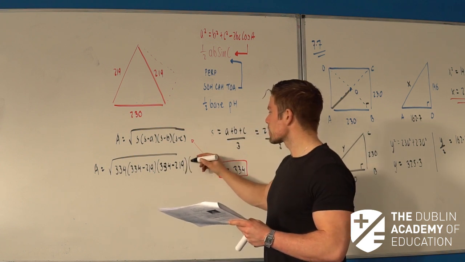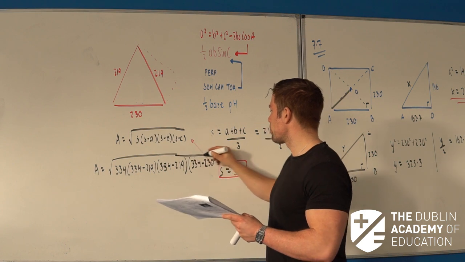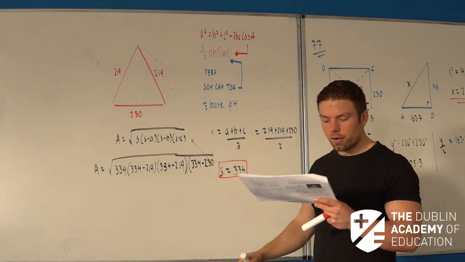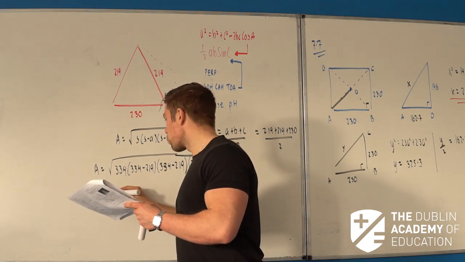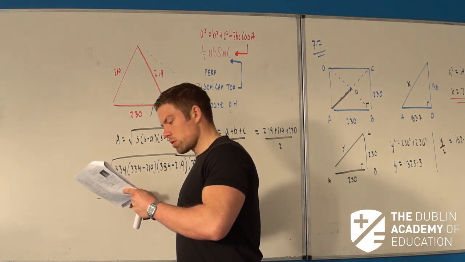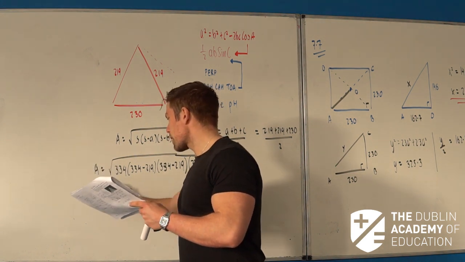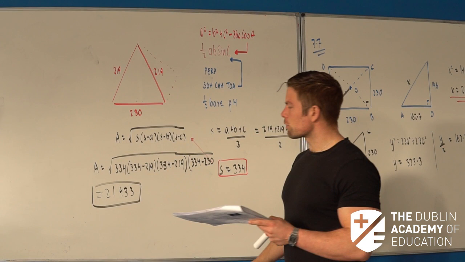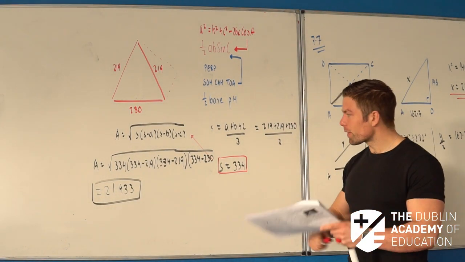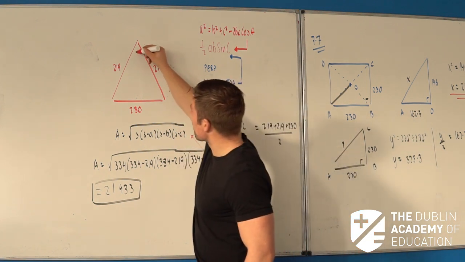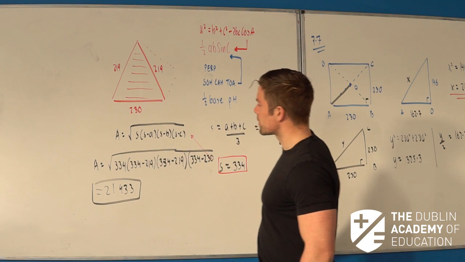And then S again, minus C. Put that all into your calculator in one go, and you get 21,433. Can't read my own writing there. 21,433. That's not the answer to the question, but that's Heron's formula. That has found the area of one face of the pyramid. So one face of the pyramid there.